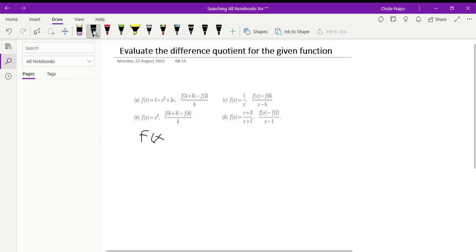So f of x equals 1 over x. The first thing, since we have f of x, that's the first thing in the formula given. So now we are trying to find f of b.